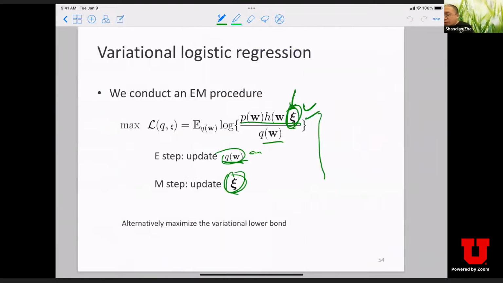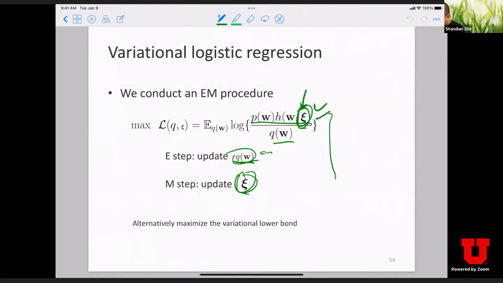If we take the example here to illustrate, we know that this sigmoid function of minus W transpose phi is lower bounded by some function of W and ξ. So in theory, for any input value to this sigmoid function, you have some ξ value to make this inequality become equal. But the problem here is that W is not a fixed value.